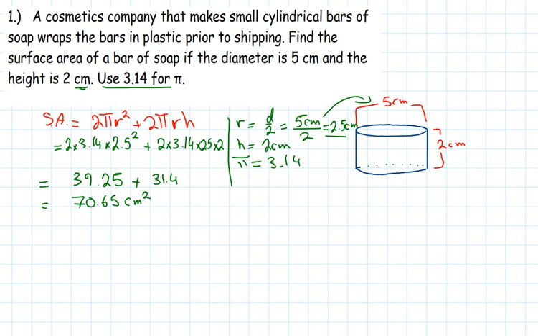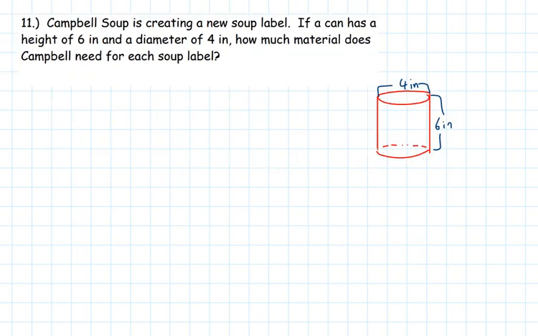So let's look at another example. Here Campbell Soup is creating a new soup label. If a can has a height of 6 inches and a diameter of 4 inches, how much material does Campbell need for each soup label? As mentioned earlier, the label is just this part right here.